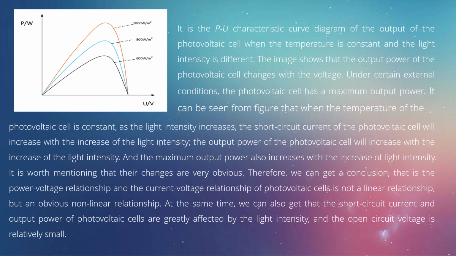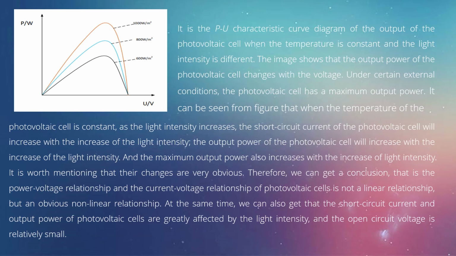Under certain external conditions, the photovoltaic cell has a maximum output power. It can be seen from the picture that when the temperature of the photovoltaic cell is constant, the light intensity increases.